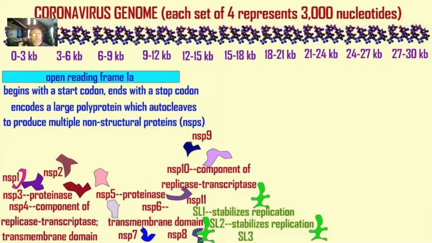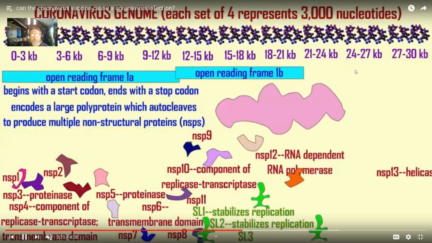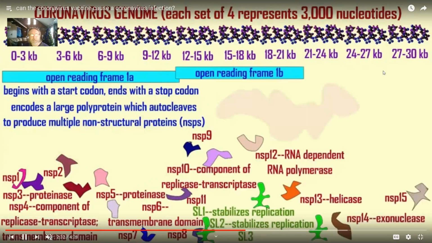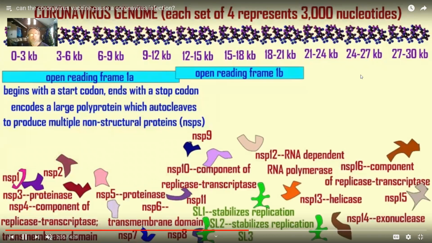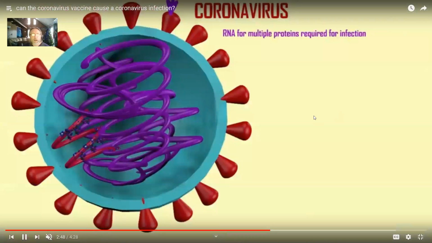So coronavirus can be effective because it makes all of these different components. The spike protein is just one of these that will be encoded by this portion of the virus's genome. So this is why you can't get coronavirus by just making the coronavirus spike protein. It is just one component of many.